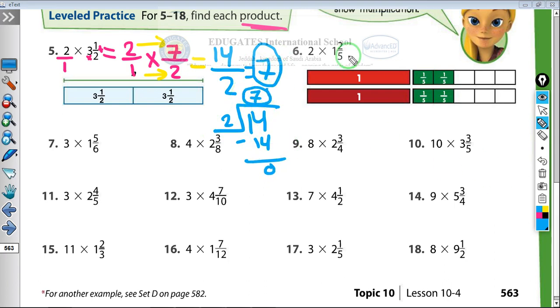That's it. How to make this? Write first equal 2. This 2, make it 2 over 1, and copy 2 over 1. This multiplication sign, copy it. And then multiply and plus.